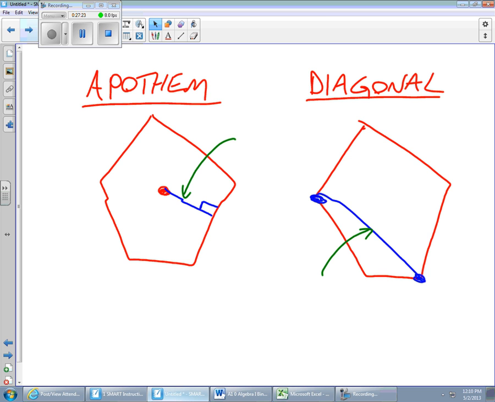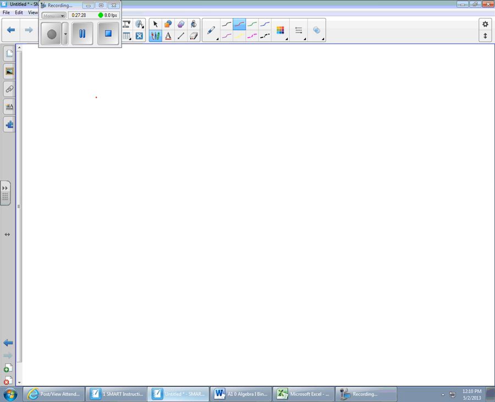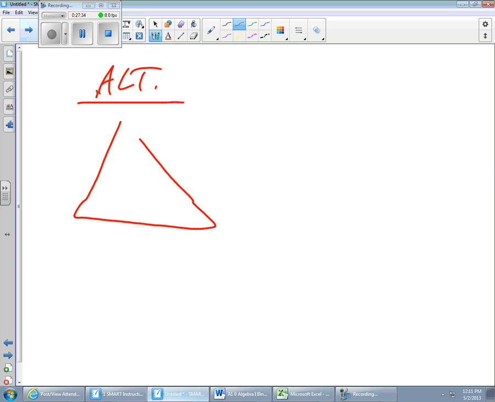Next term I've got is altitude. Altitude typically also exists in a triangle. And the word altitude, and you may want to add this to your card, altitude is also well known as height.